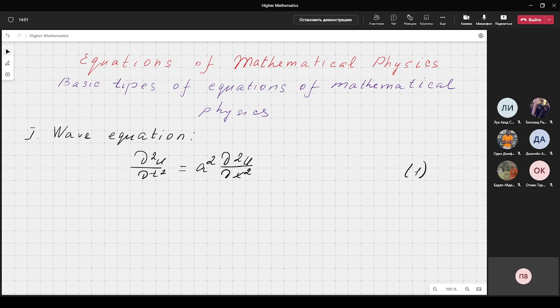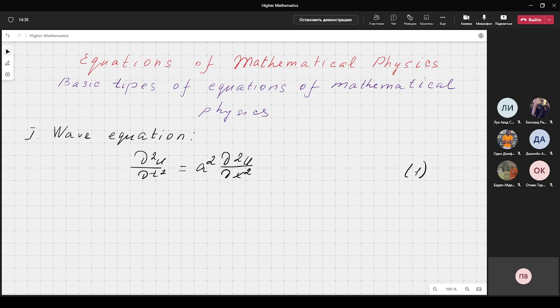This equation is invoked in the study of processes of transversal vibration of a string, the longitudinal vibrations of rods, electric oscillation in conductors, the torsional oscillation of shaft, gas vibration, and so forth.